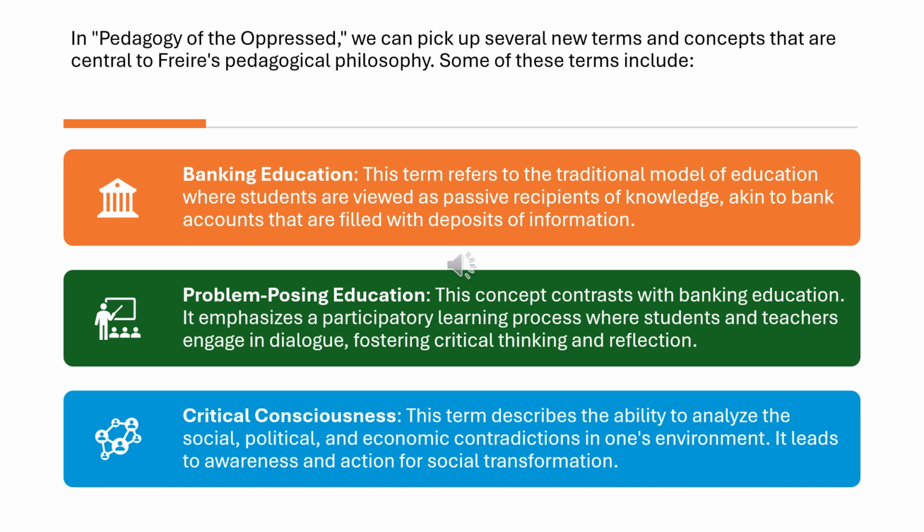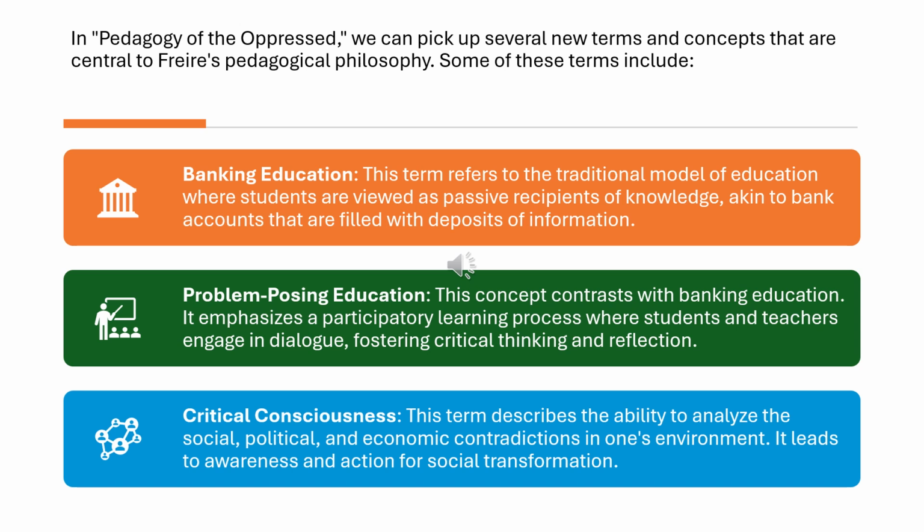So that leads us to critical consciousness. This term describes the ability to analyze the social, political, and economic contradictions in one's environment. Now, there's so much going on in this world, and geographically, we think socially, politically, and economically, but also environmentally as well.